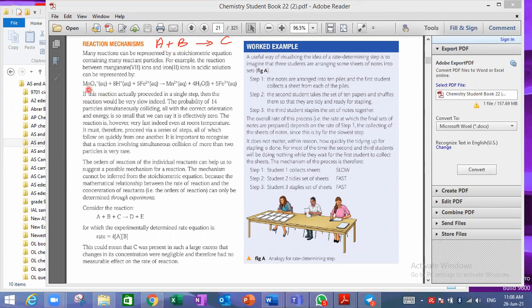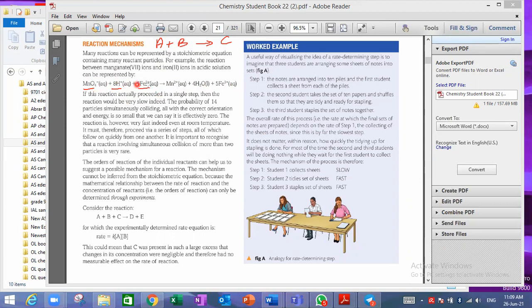Now, if we look at such a reaction, manganate ion plus 8 protons plus 5 iron 2+ to give Mn 2+ plus 4 water plus 5 Fe 3+, we find that we have 3 types of reactants, but 1 mole of manganate should collide with 8 moles of acid and collide with 5 moles of iron 2+ in order to form this reaction.